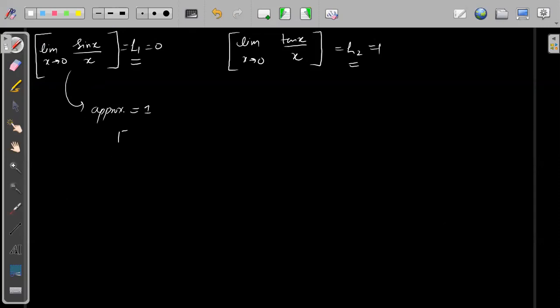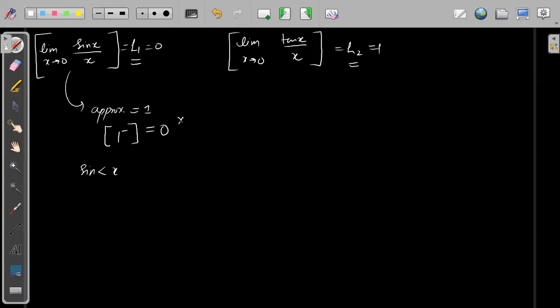Because sin x is always less than x, however they are almost equal. The division will give you 1, but something on the left side. So 1 minus. If I take the greatest integer, this will become 0.